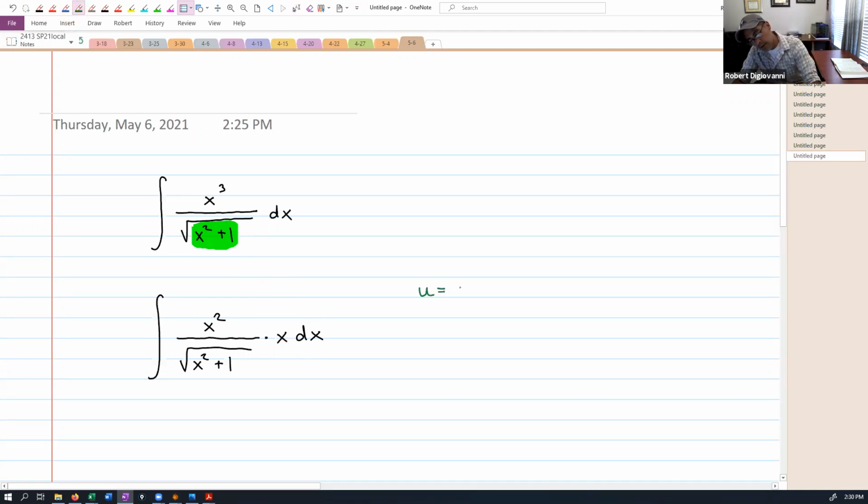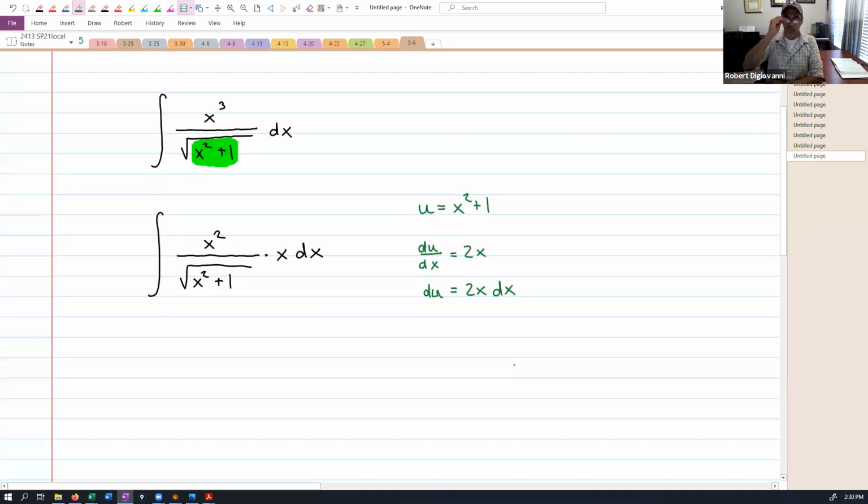So u is going to be x squared plus 1. du/dx is 2x, which means du is 2x dx. Then we have to multiply by a half, right? Yep, and now I'm trying to match up. I've got x dx here, and I don't have a 2.